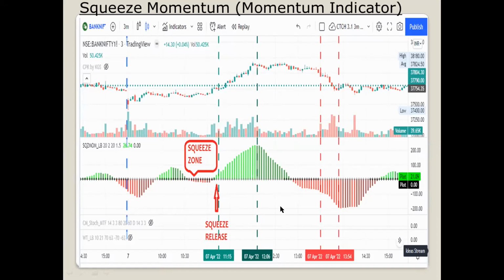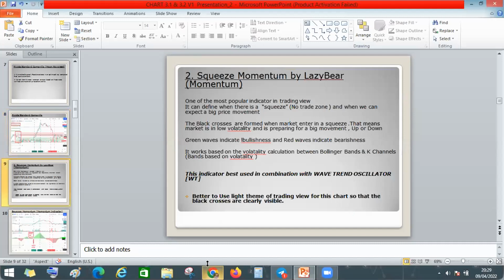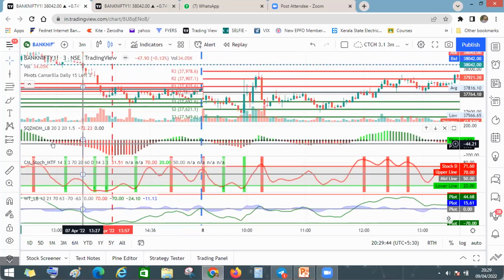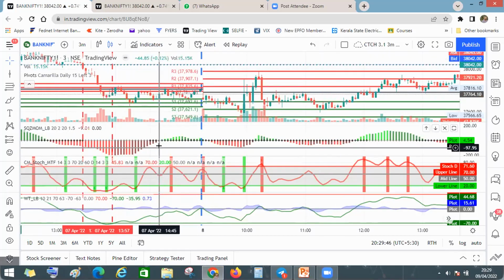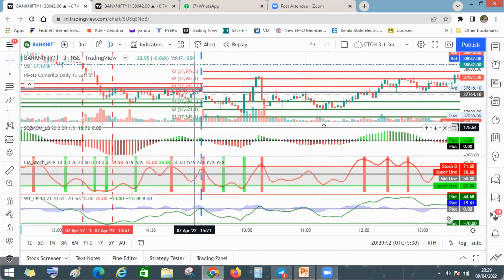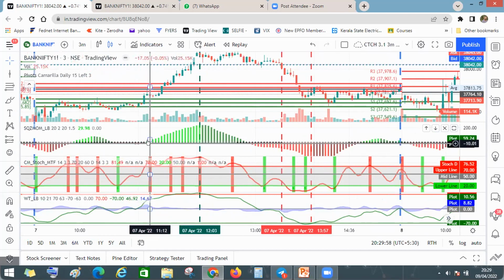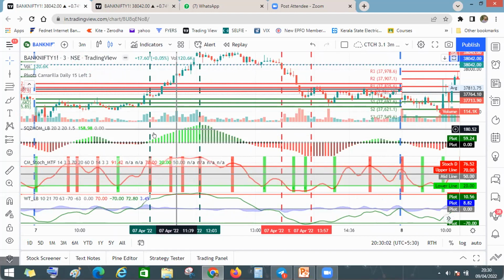I will take you to TradingView. This is the squeeze area. See, this is the example which I showed in the slide. Here we can see there is high volume.